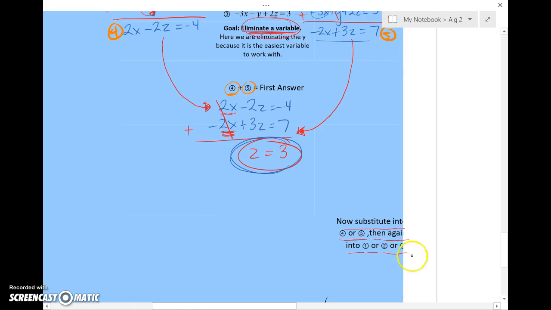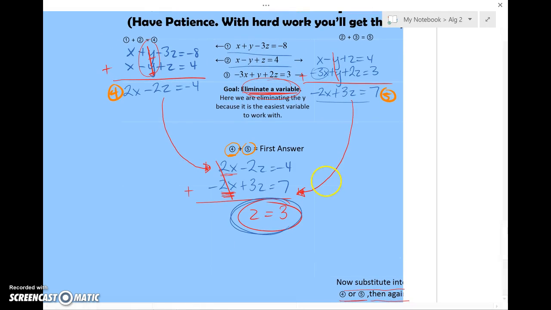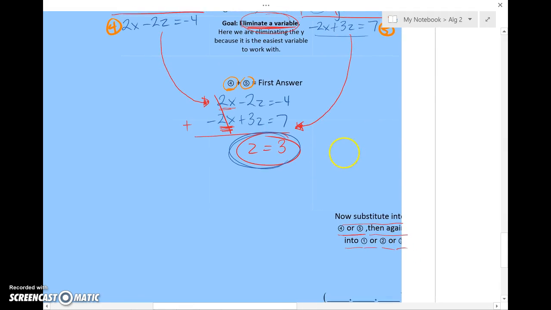Don't substitute into 1, 2, or 3. You'll get stuck, because if you plug it into 1, 2, or 3 on this step, you're going to end up with 2 variables again. But we want to end up with 1, because we can't solve for 2, but we can solve for 1. It'll make more sense as we go.